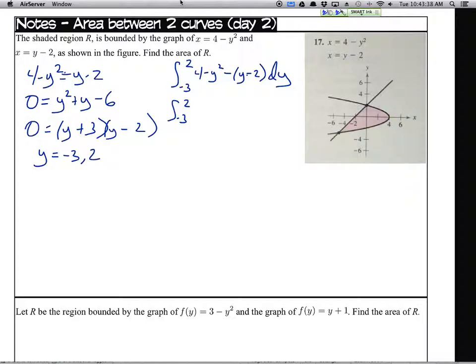So that's going to be the integral of 6 minus y squared minus y dy. If I integrate it, it's going to be 6y minus y cubed over 3 minus y squared over 2.